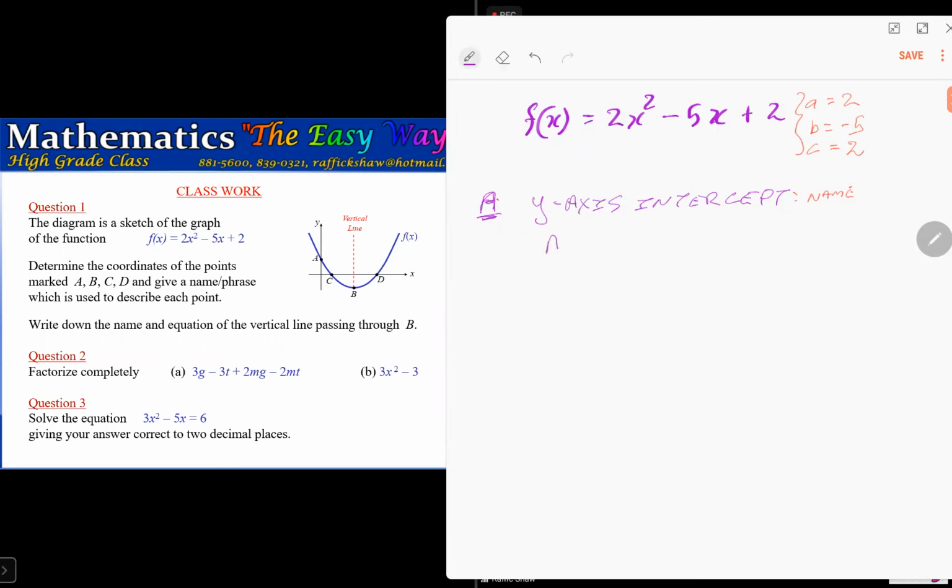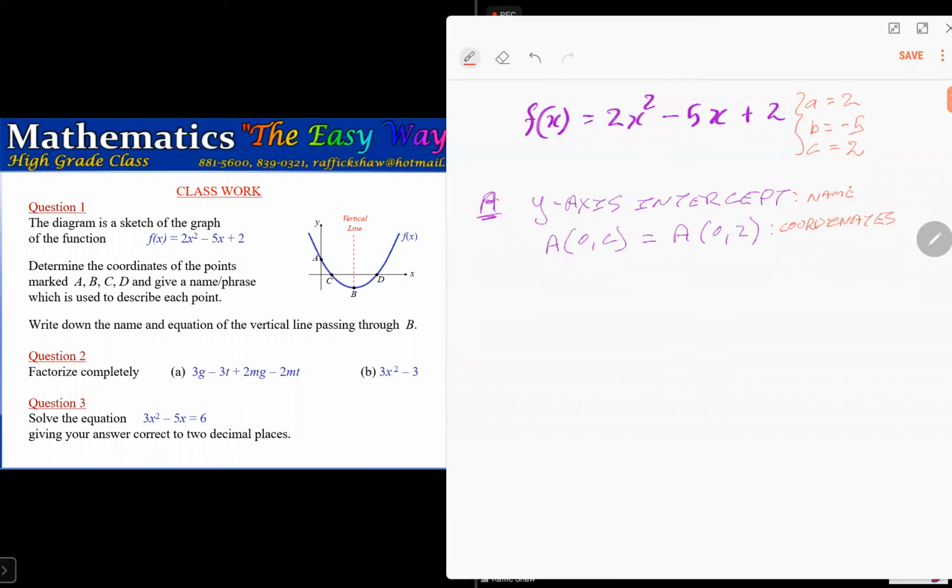So we say A is the point 0, c, which then means that that point would be 0, 2. And these are our coordinates. X coordinate is 0, y coordinate is 2, which is what the question wanted.